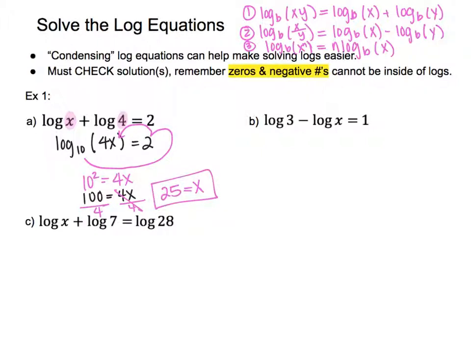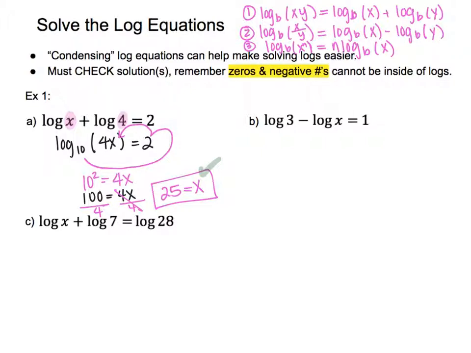But hold up, we need to check if this answer is valid. So if I take 25 and plug it in for this x, it's still going to be log of 25, which is a positive number. So it's not a 0, it's not a negative. So as long as when you plug it in, it's a positive number, you're good to go. It's good. So I'm going to put a check mark here to say that I have checked it and it's a valid answer.